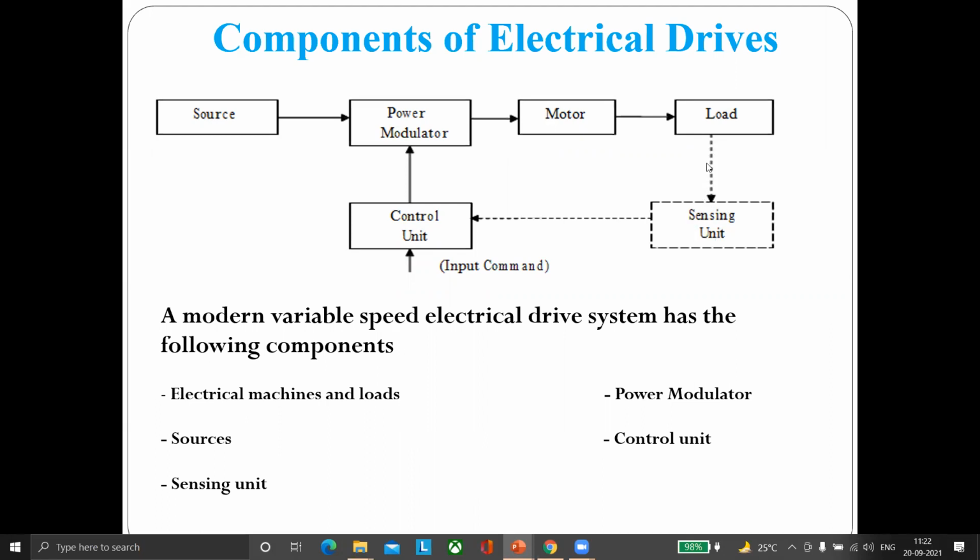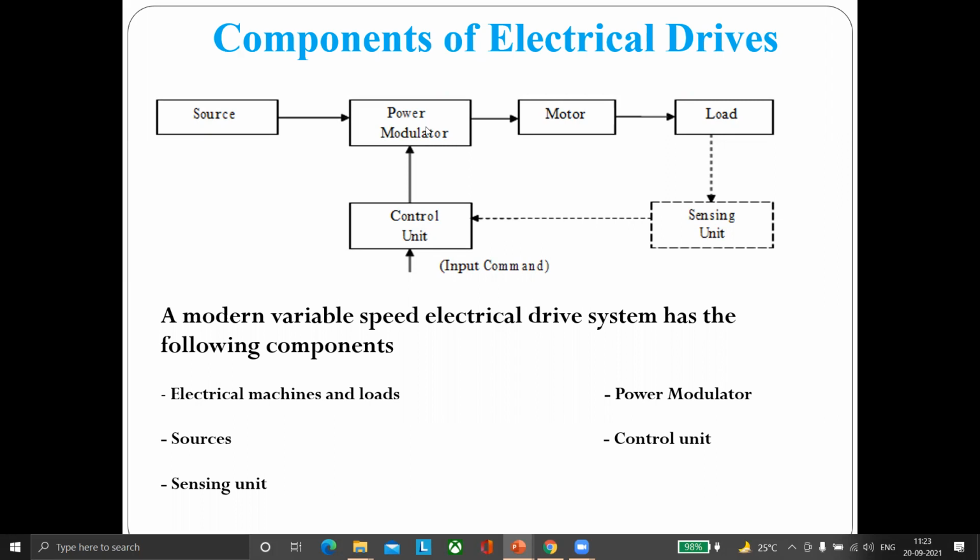Based on these parameters, the control circuit will operate, and it will generate the commands and signals to the power electronic switches used in this power electronic modulator.